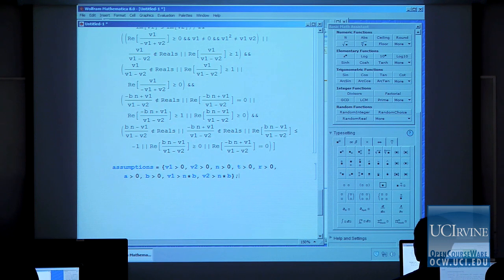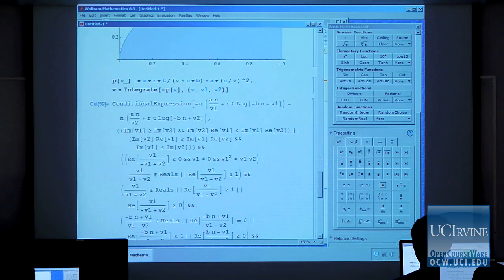Okay, so that's that. Now I can say, assuming, bracket, assumptions, and then I can also say W equals, and then mouse all this stuff in here.